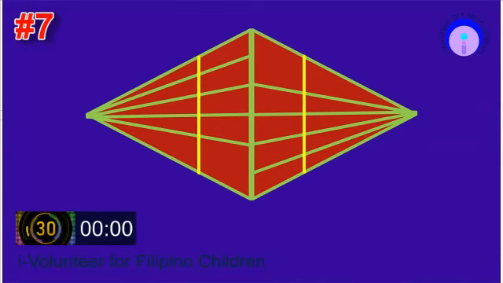Item number 7. How many triangles can you form from this figure? You still have 5 seconds to finish.